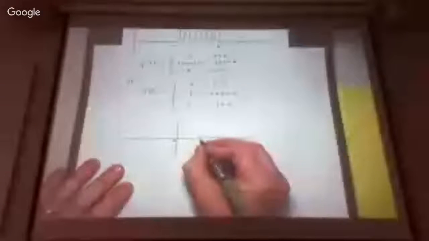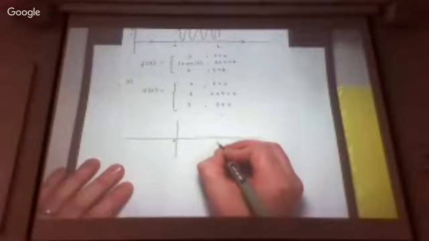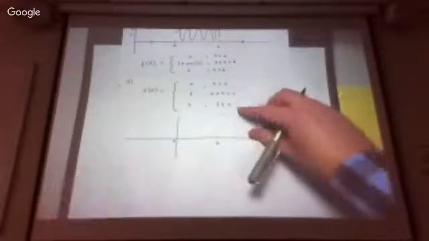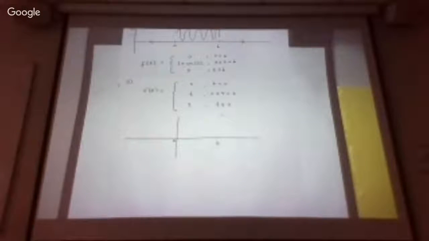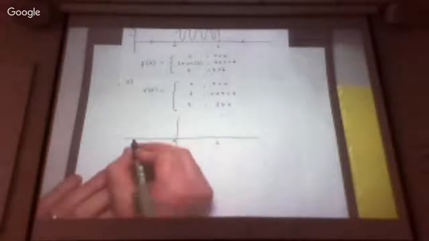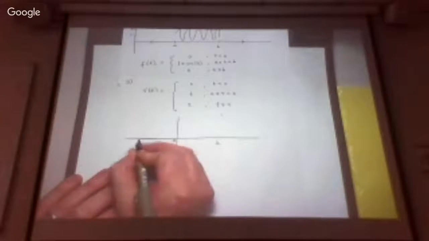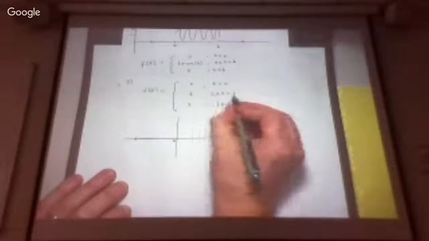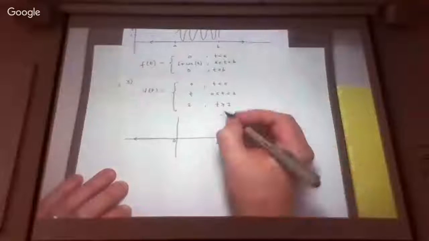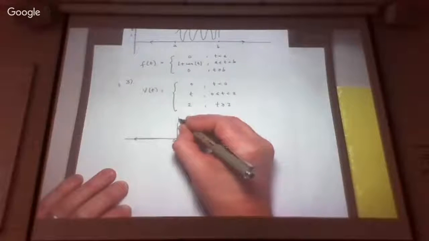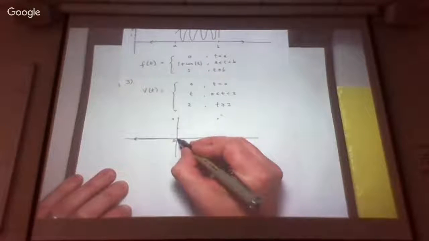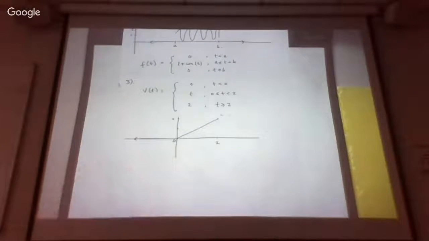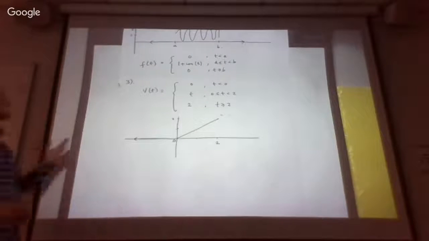So there's 0, here's 1, there's 2. So interesting things happen to this function at the values 0 and 2. For t less than 0, it's just 0, so you just have this 0 level graph. For values of t between 0 and 2, the function is following the formula t, so it's just the 45-degree line, v equals t.